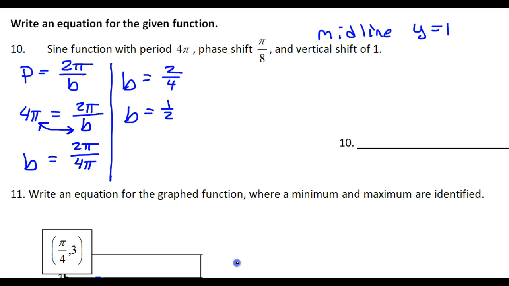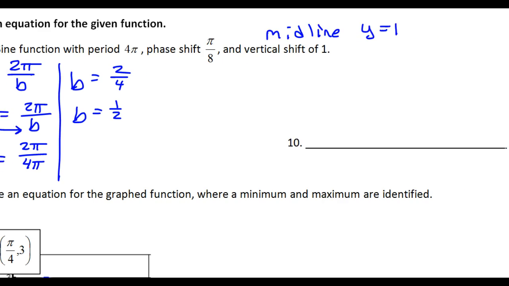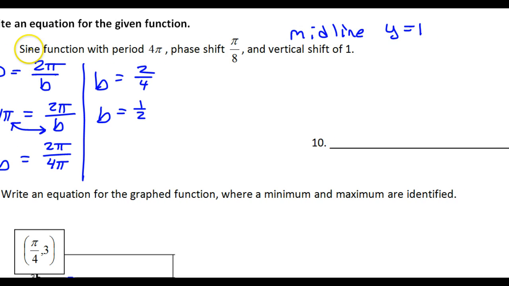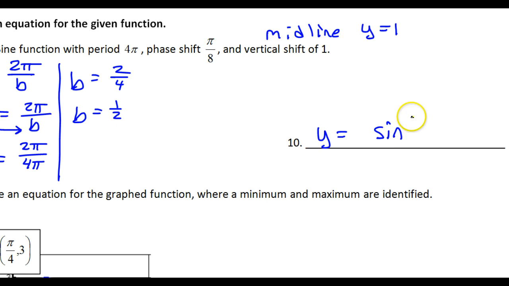As I begin to build my function, I know it's a sine function, so I'm going to start writing this. I know it's going to be sine, and now I know my b value, so I can put 1/2. Now I need a phase shift of pi over 8.